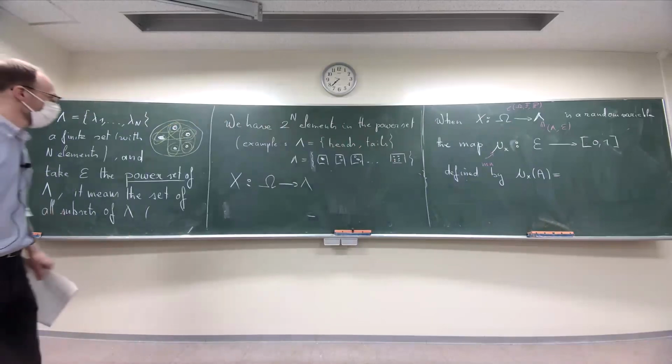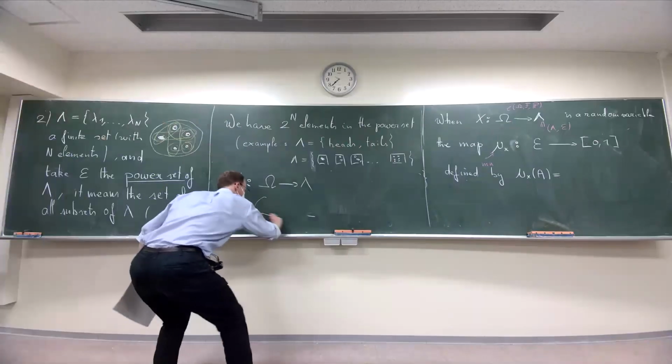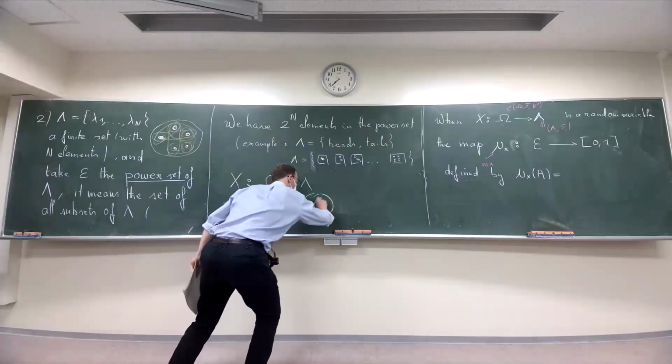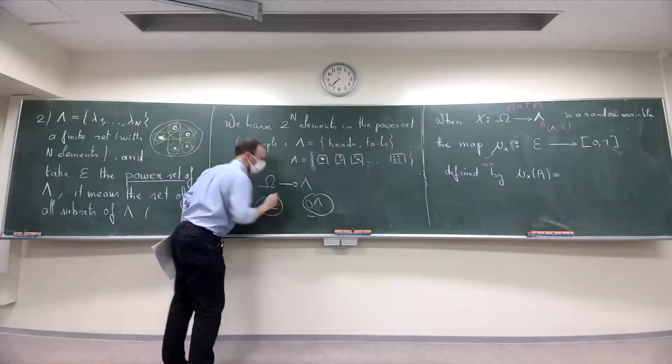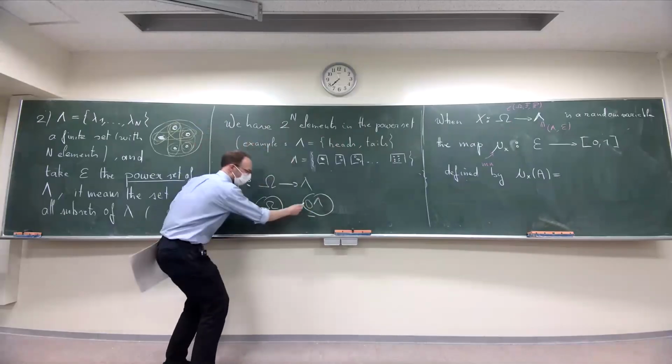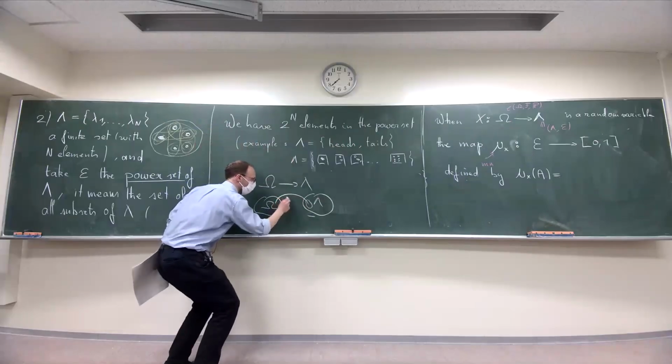Remember, we had this set omega, this set lambda, and the condition was whenever you take a set here, it has a pre-image.